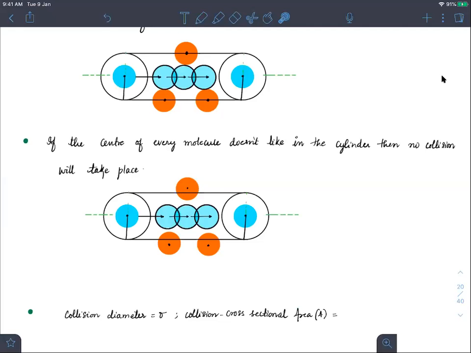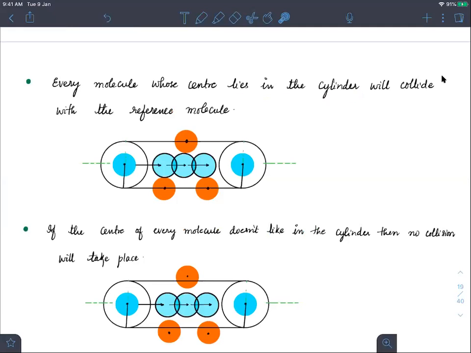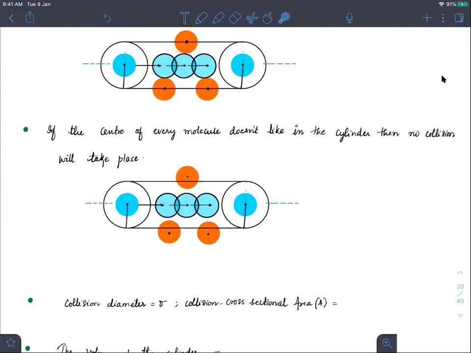Everybody understood that point, right? So if the center lies in the cylinder, then with reference to the reference molecule, definitely there will be a collision. But if a particle's center is not in the cylinder or on the cylinder, then there won't be any collision of this particle during its motion. I'm just showing the motion of that particle, okay? From this point to this point, this is the motion by which this particle is moving.